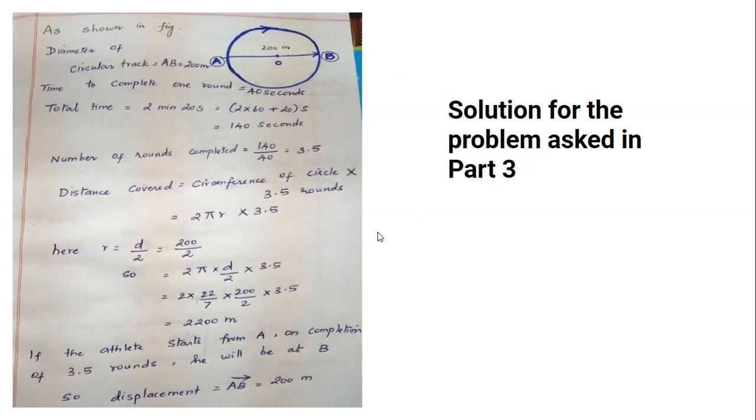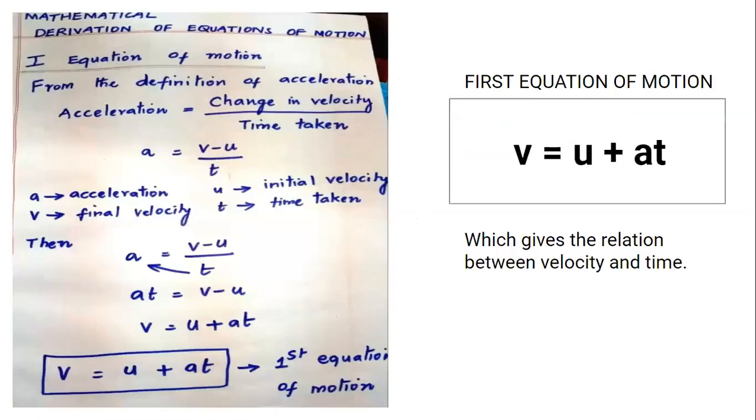Right. So when the body is moving along a straight line with uniform acceleration, a relation can be established between the velocity of the body, acceleration of the body, the distance traveled by the body in a specific time, by a set of equations.